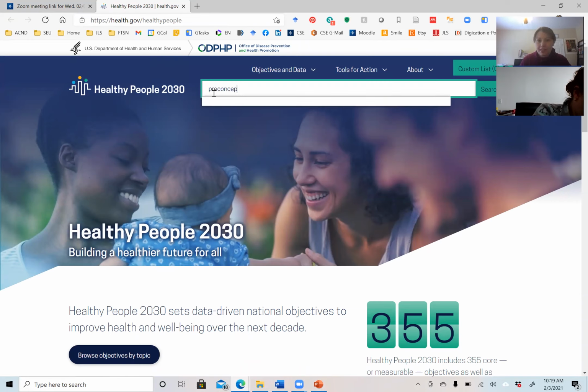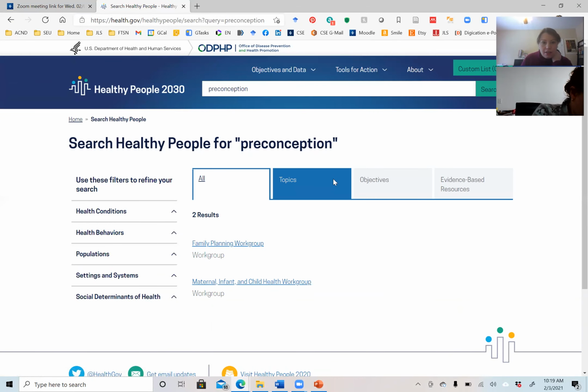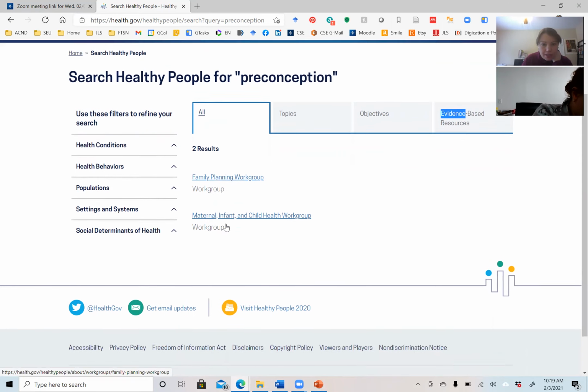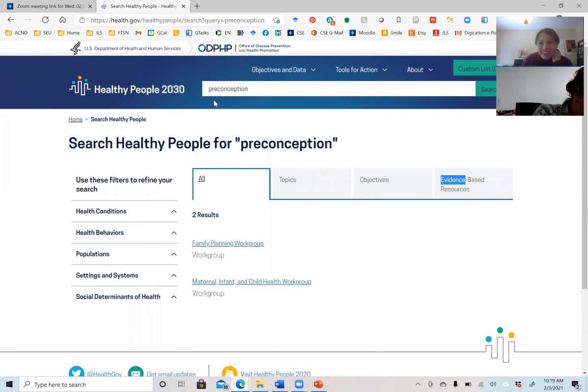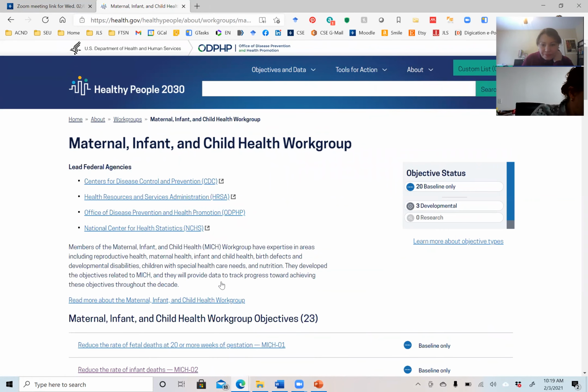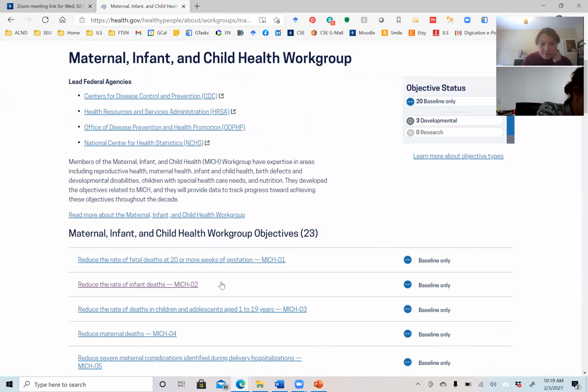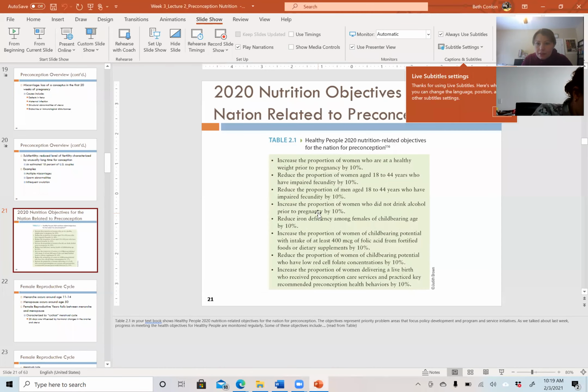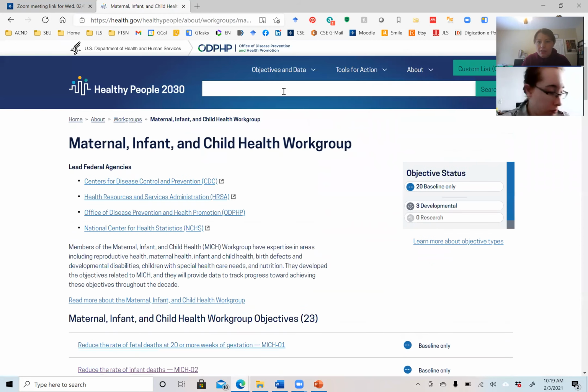So let's see what happens if we type in preconception. Family planning and workshop, maternal work group, topics, objectives, evidence-based resources. All right, that wasn't very helpful. Let's see. Increase the proportion of women who are at a healthy weight prior to pregnancy.